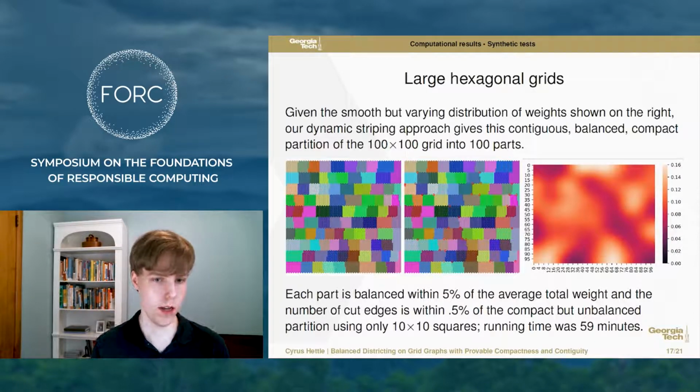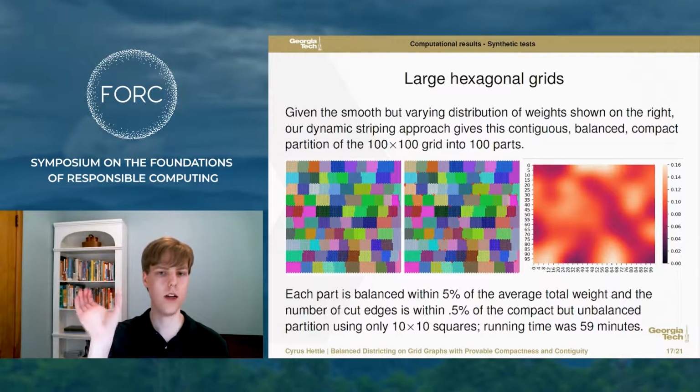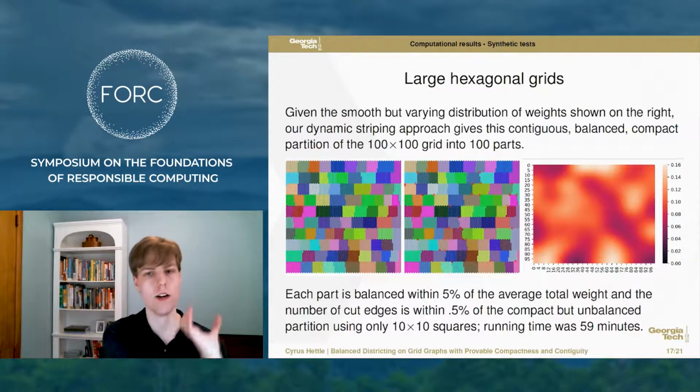Using the dynamic partitioning method with a striping path, we can generate a partition on this relatively quite large instance in a reasonable amount of time. In under an hour, its number of cut edges is within 0.5% of the very compact but also unbalanced partition that we'd get by just taking 10 by 10 squares and filling it up that way.